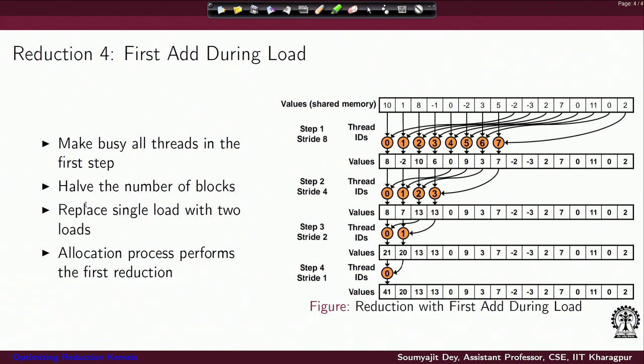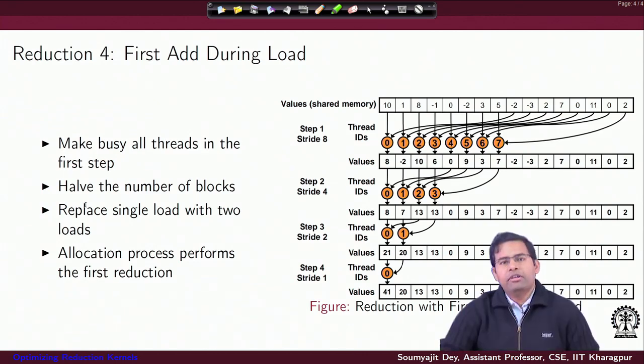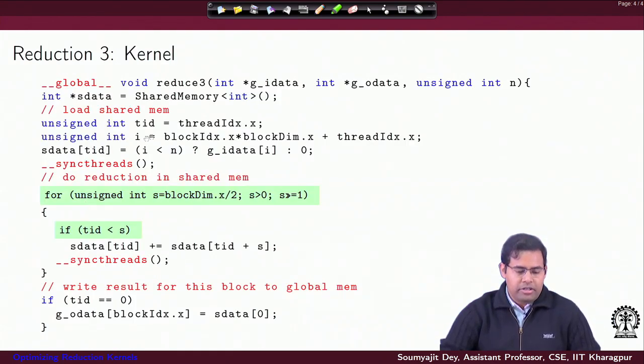As an alternative, to increase thread activity, I can increase the amount of computation that every thread does in the first iteration. In the first iteration of all the methods, reduction 1, 2 and 3, there is not much activity for the threads apart from the loads.